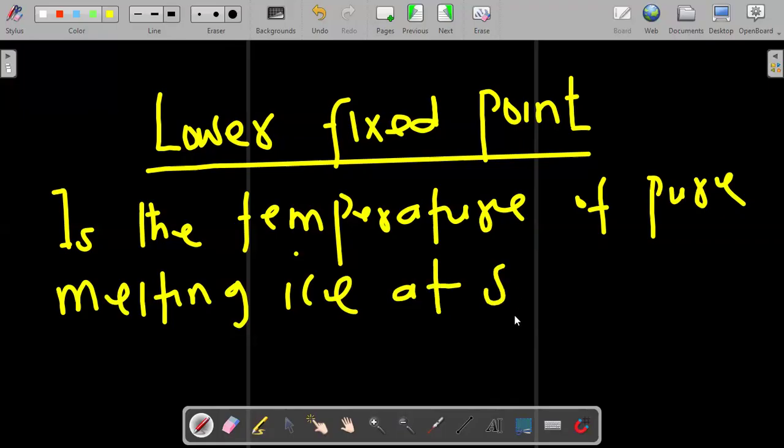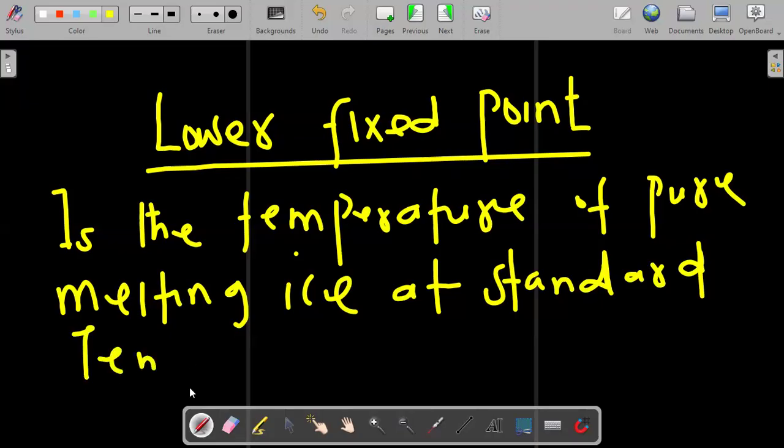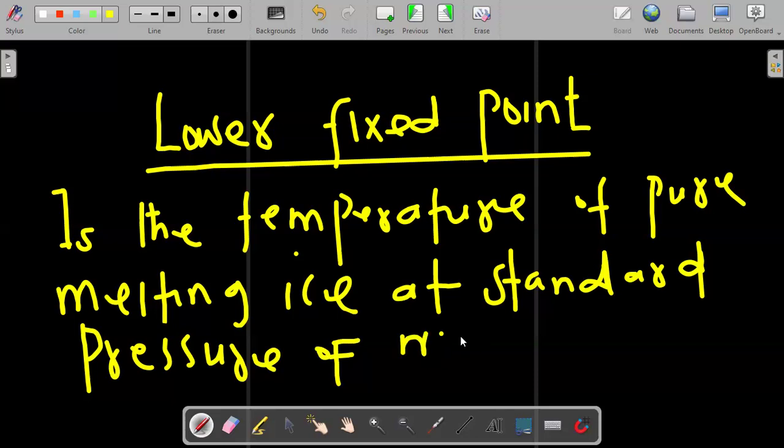Sorry, not standard temperature, at standard pressure. At standard pressure of mercury.